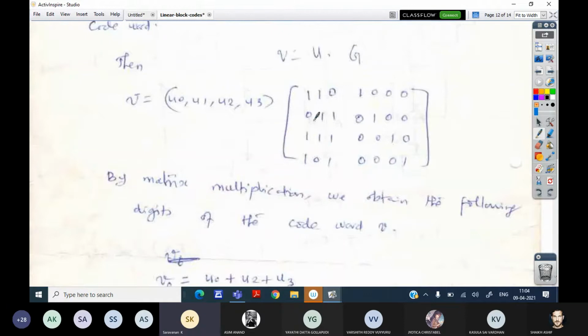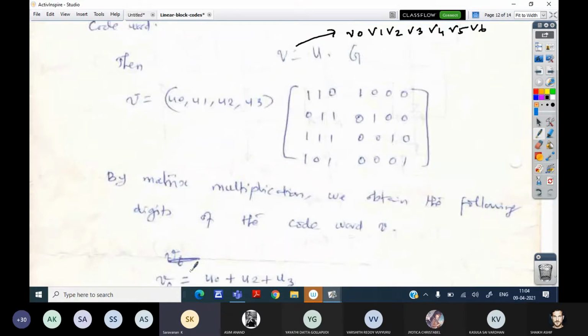So if you multiply, what is your V? V is 7 bits because n is 7. We are generating V0, V1, V2, V3, V4, V5, V6, totally 7 bits.